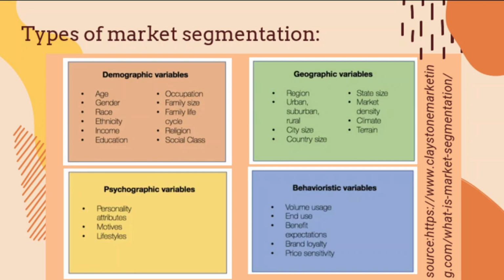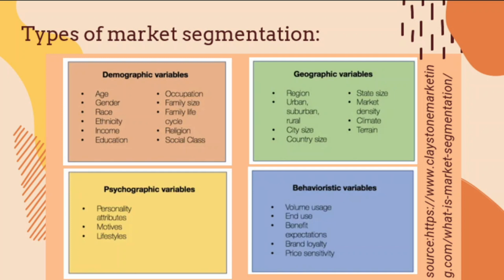So we can classify or group your market according to age, gender, race, ethnicity, income, education, occupation, family size and life cycle, religion, and social class. Okay, so most of the time this pertains to that yung demographic state ng bawat tao. Okay? So you can segment your market through these variables.